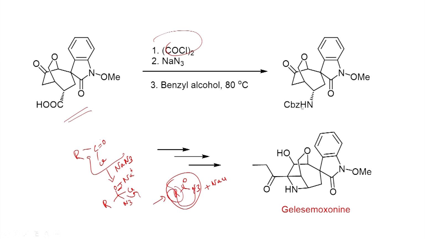You will be able to form the isocyanate. Once you have the isocyanate, you can have the benzyl alcohol, you can try to do addition reaction. You will be able to get this compound, which has been further converted into complex molecule, which is very important in medicinal chemistry.